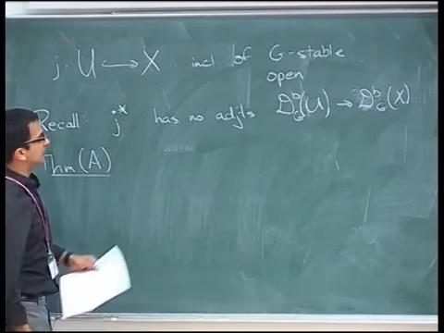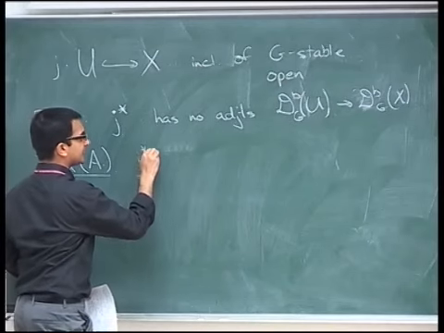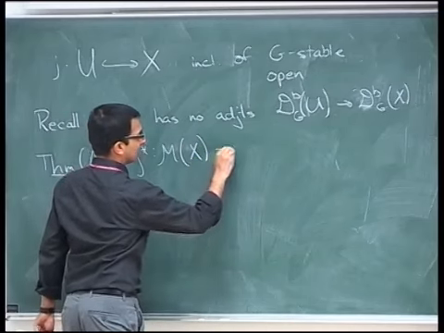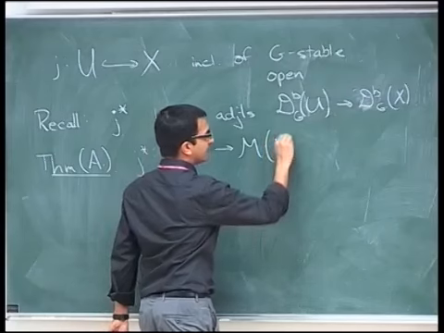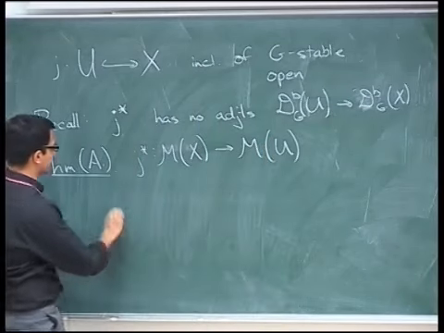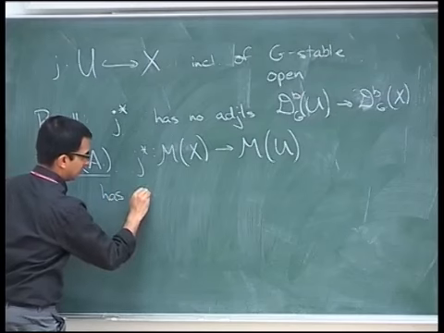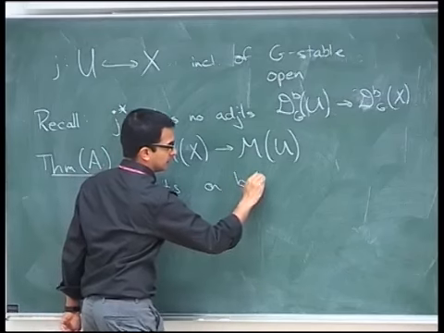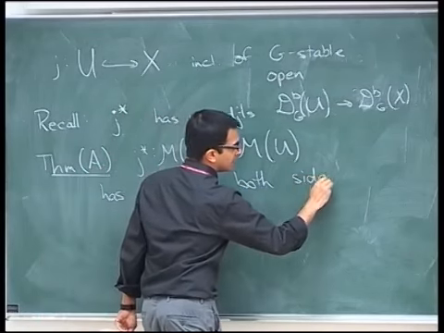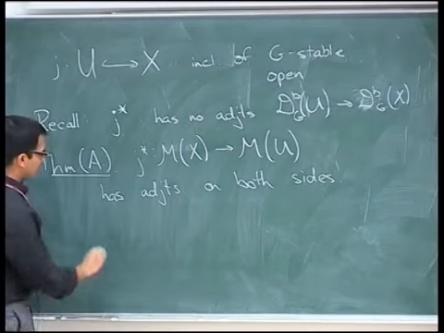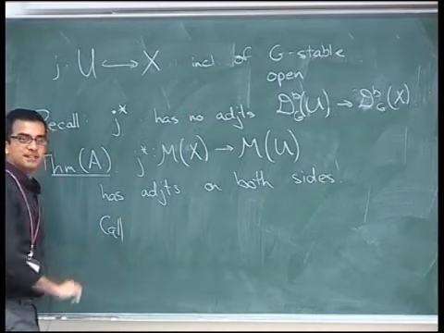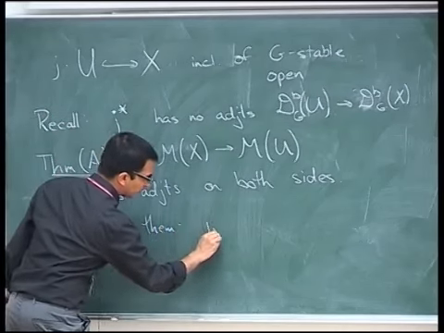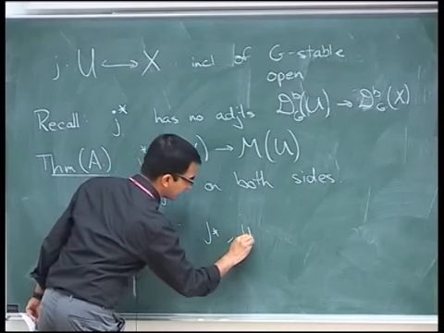But something strange happens, which is that if you just stick to the abelian category of staggered sheaves, then this functor has adjoints on both sides. Just for convenience or familiarity, I'm going to call them J lower star and J lower shriek.